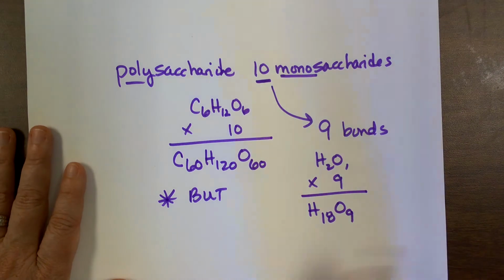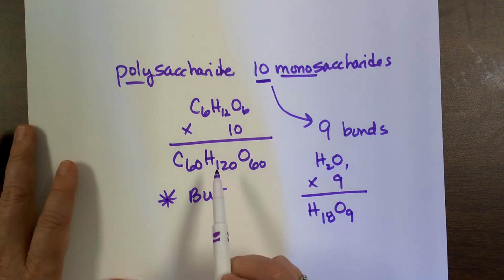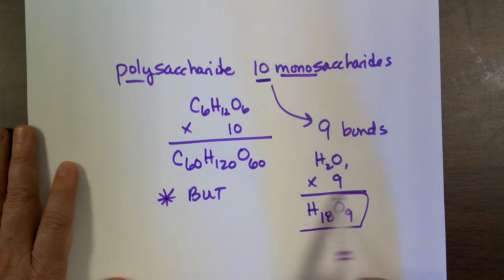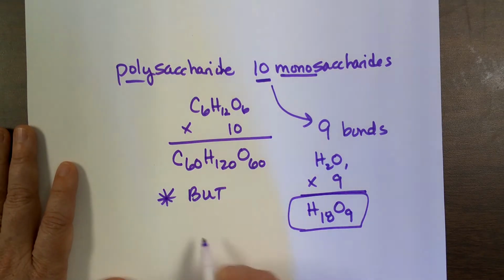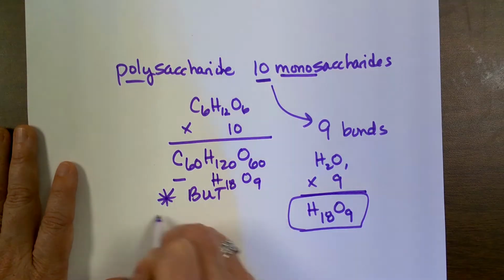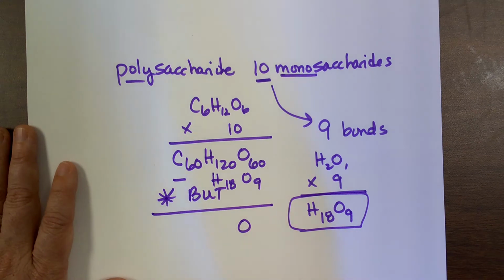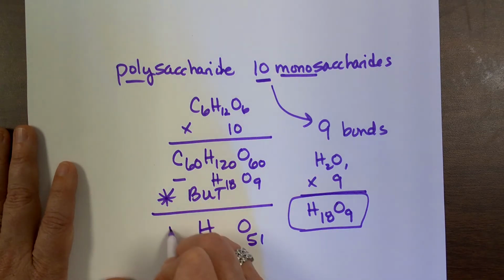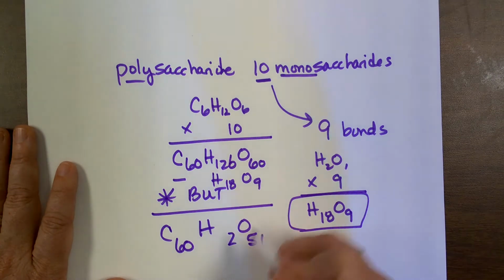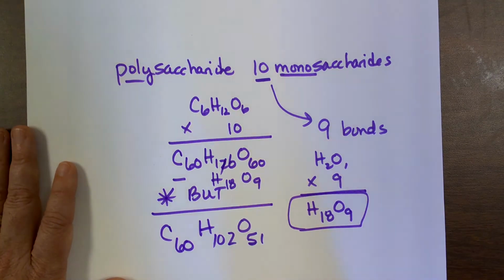H18O9. So when this polysaccharide gets built, this is what it should have, but it has to lose 9 waters in the process. So we will subtract H18 and O9. So that's going to be O51, and H is 120 minus 18, so 102.